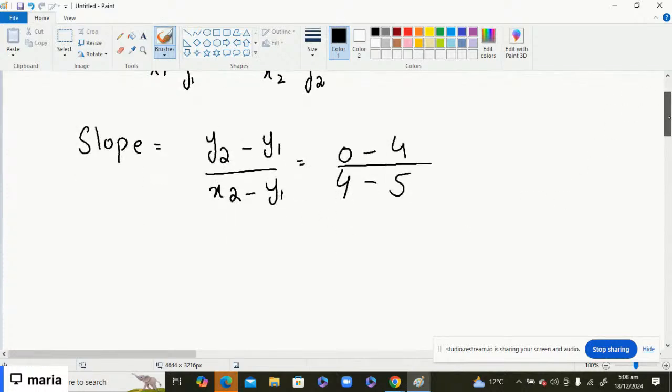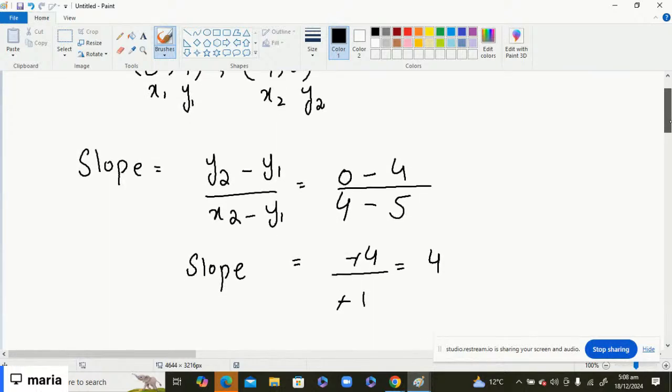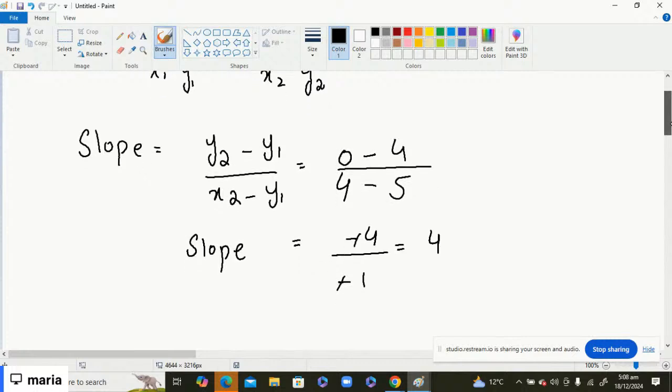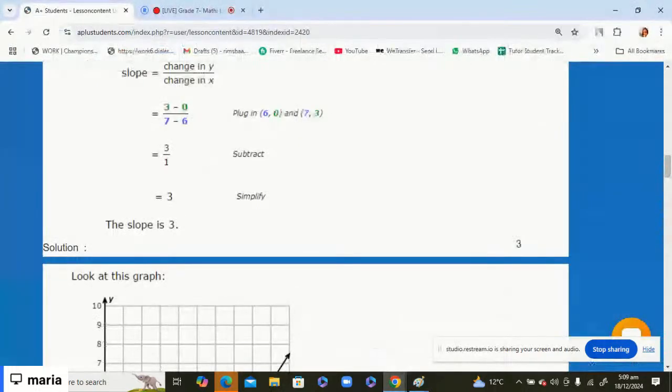Okay, now after solving, 0 minus 4 is minus 4, 4 minus 5 is minus 1, minus minus cancel, and here 4 is your slope. Okay, this is the way that you are going to solve for the slope. Now let's do the next question.